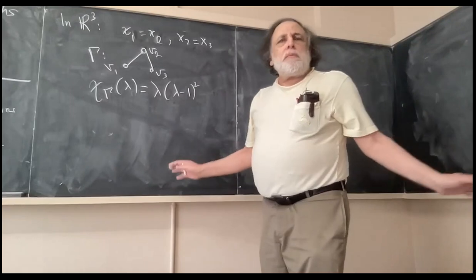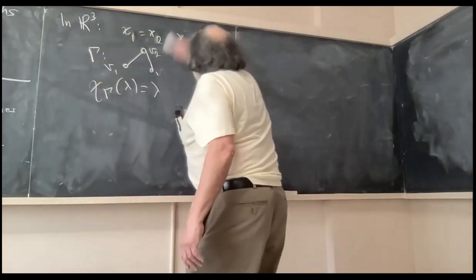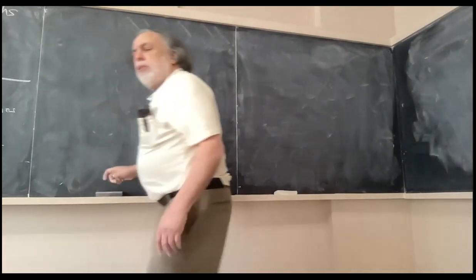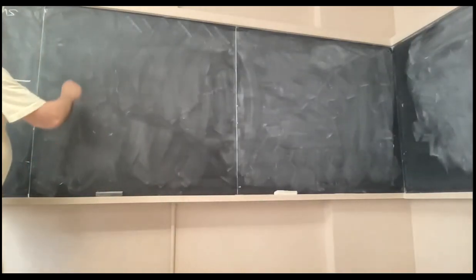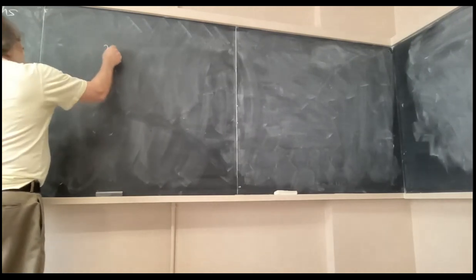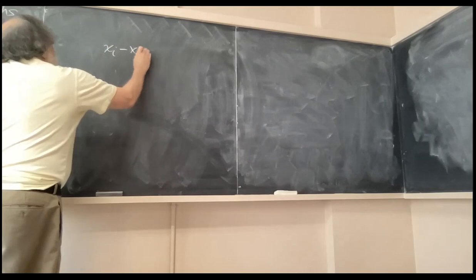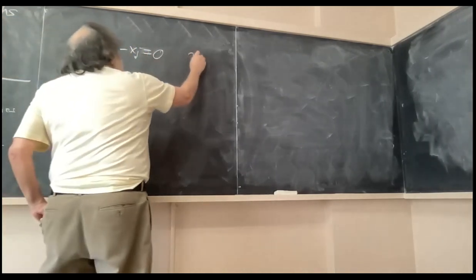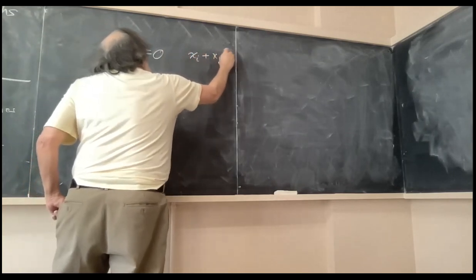But if you just remember the example, you'll see that it's generalized in this diagram. Let's talk about two kinds of hyperplanes. So one kind of hyperplane is given by equations of the form xi minus xj equals 0. And the other kind of hyperplane is given by xi plus xj equals 0.